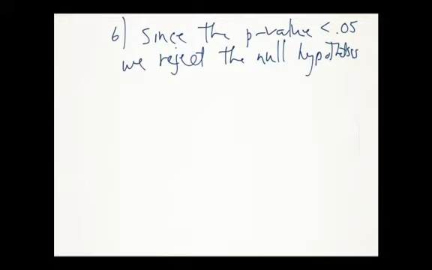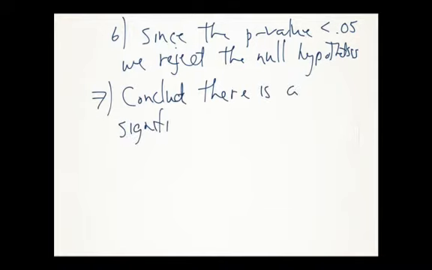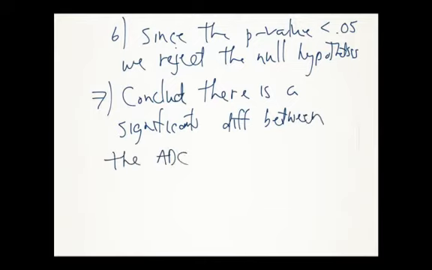And finally, in step 7, we need to reach a conclusion, and we conclude that there is a significant difference between the ADC, that's our outcome measure, in controls versus in patients.